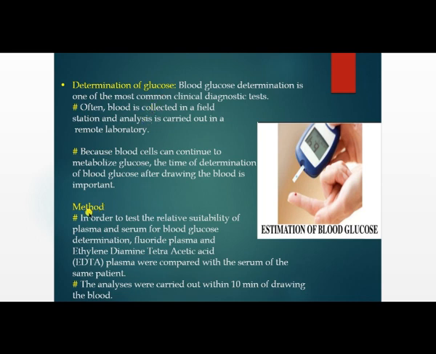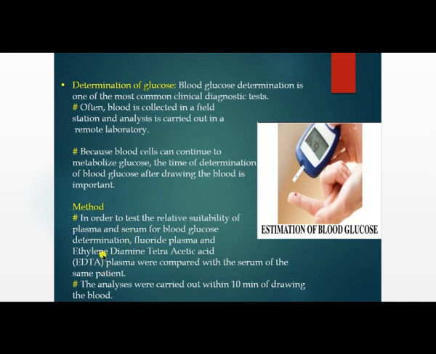Understood? Method: in order to test the relative suitability of plasma and serum for blood glucose determination, fluoride plasma and ethylenediaminetetraacetic acid plasma were compared with the serum of the same patient. So from the same person, we take the blood and prepare the plasma and serum.